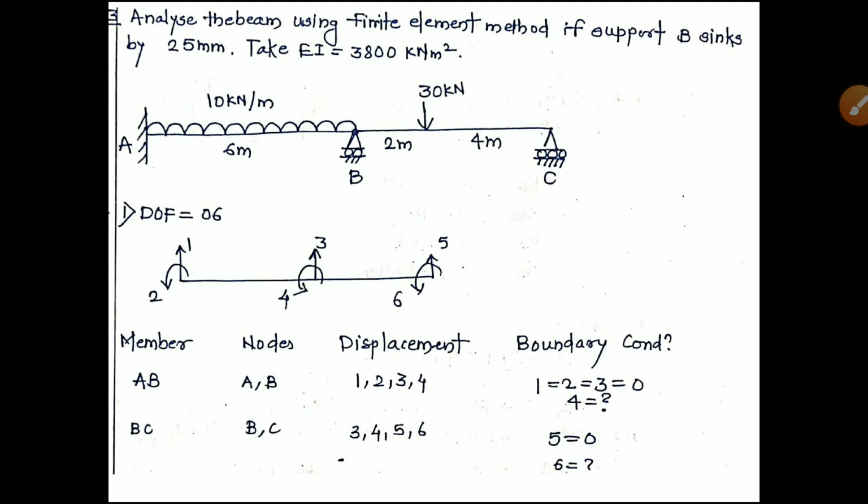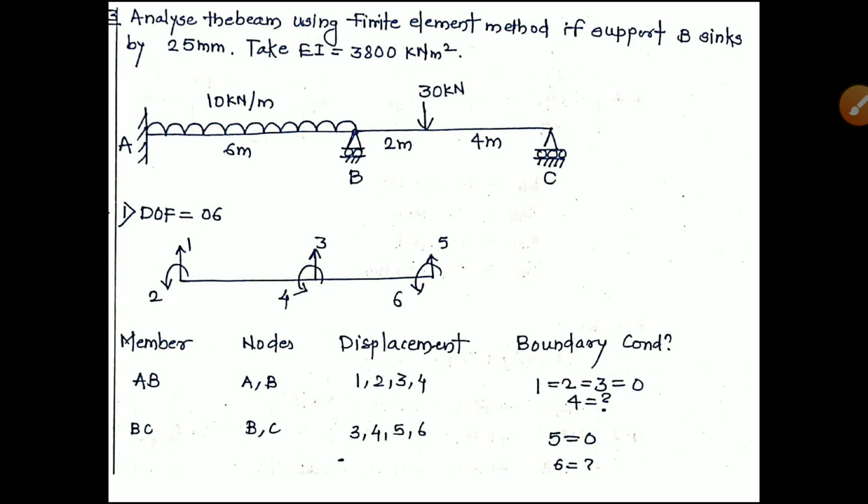And now write down the boundary conditions. As you can see, joint A or support A is a fixed support. Therefore, at support A, all types of displacements are 0. So displacements at A, that is translation and rotation, number 1 and 2, are 0. At B and C, there are roller supports. At a roller support, it only allows a rotation.